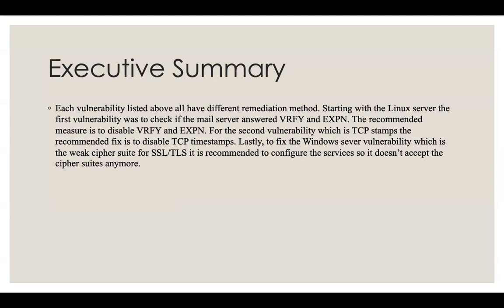But for now, for the first vulnerability, which was VRFY and EXPN, the recommended measure is to disable VRFY and EXPN. For the second one, the proper fix for the TCP timestamps is to just disable the TCP timestamps. And lastly, to fix the Windows server vulnerability, it is recommended to configure the server so that it doesn't accept the weak cipher suites anymore.